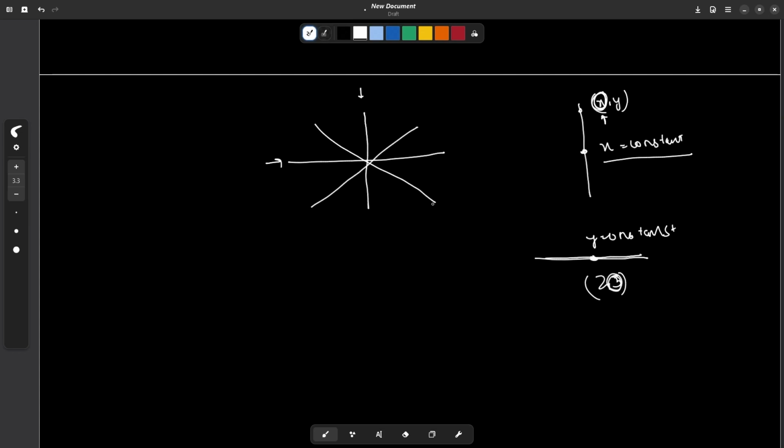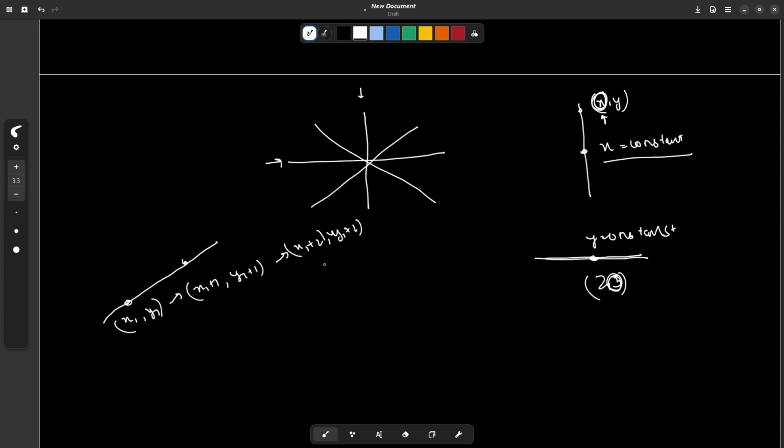Now this was about the horizontal and the vertical line. What happens if I talk about this particular line? You will see if there is some point (x1, y1) here, what will be the point after it? The point just next to this point will be (x1 plus 1, y1 plus 1), right? The next point after it will be (x1 plus 2, y1 plus 2), right?